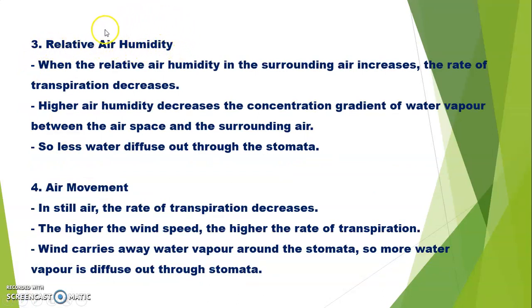Air humidity depends on the amount of water vapor in our surrounding air. When the relative air humidity in the surrounding air increases, the rate of transpiration decreases. Air humidity increases means the amount of water vapor in our surrounding air is a lot, so the rate of transpiration will decrease.